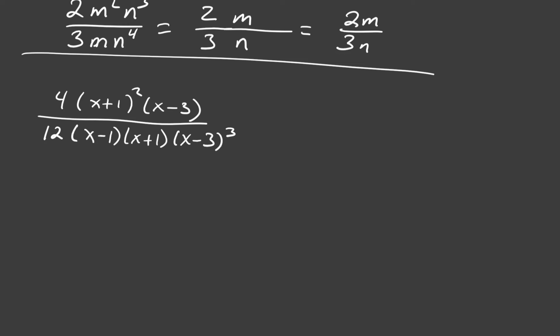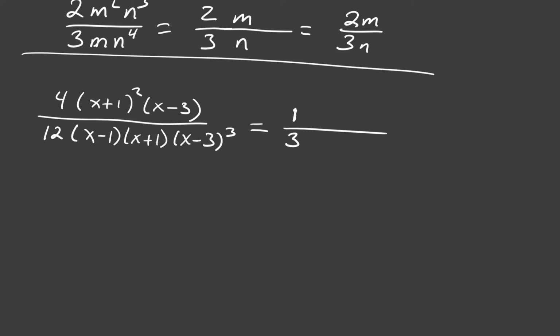I still have the same ideas. I can still cancel stuff top and bottom. I can simplify the numbers. I've got a 4 on the top and a 12 on the bottom, so that turns into 1/3. I don't necessarily need the 1 on top, but I'll write it there for now, and when we clean things up at the end, we'll probably get rid of that.